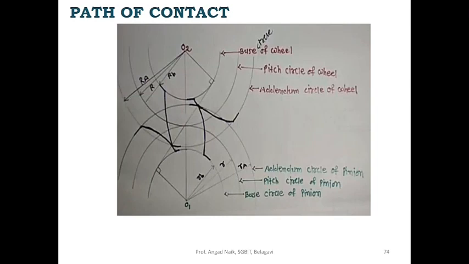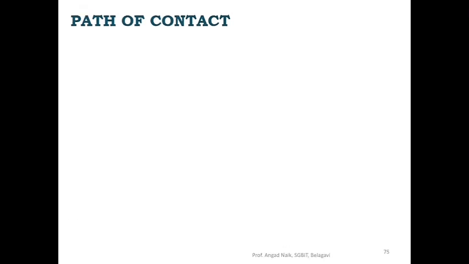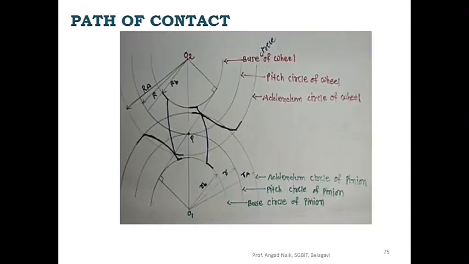MN is the common normal at the point of contact and common tangent to the base circles. The point where there is contact between the pitch circles is labeled as P. Point P is very important to the velocity ratio and it is called the pitch point.